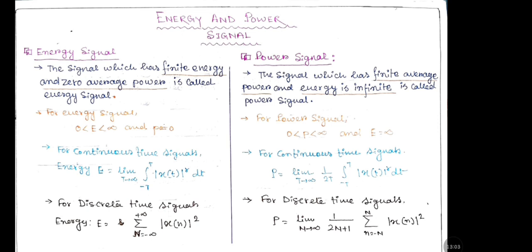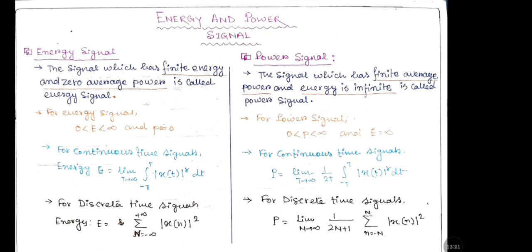For continuous-time signals, we first need to learn about power and energy. Power is energy divided by time, and the time is from -T to T, which means 2T.